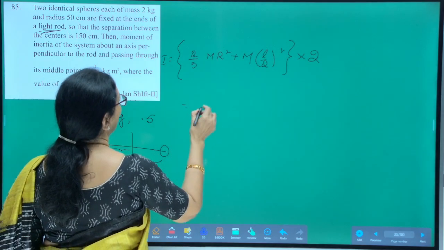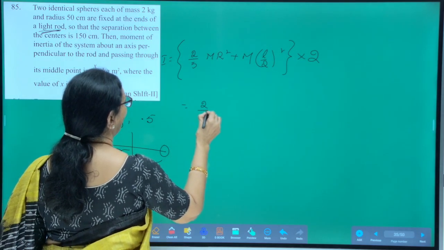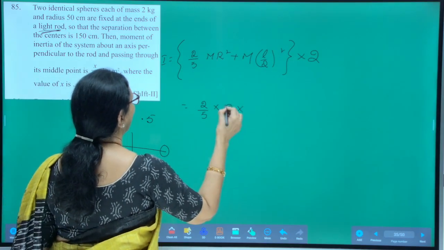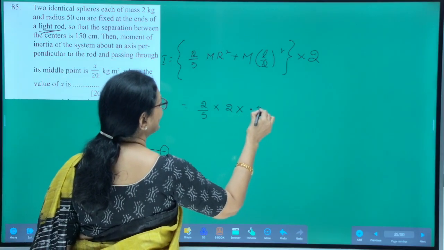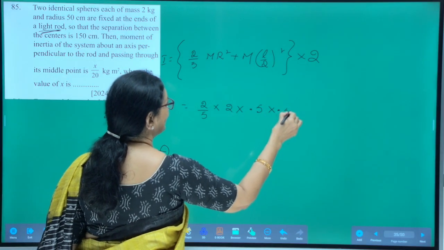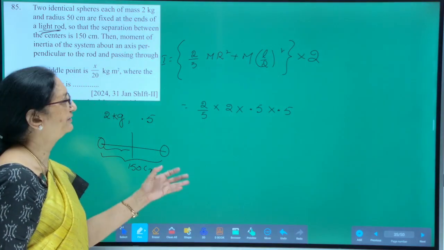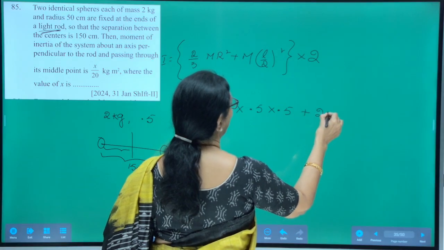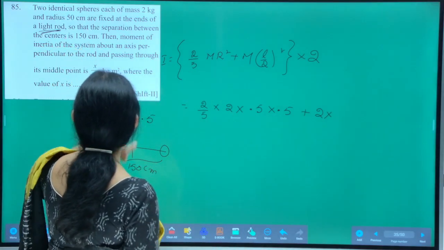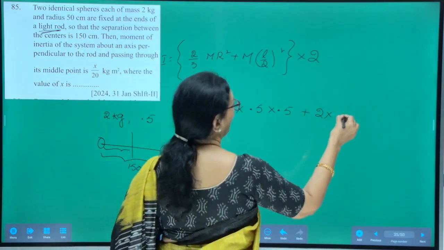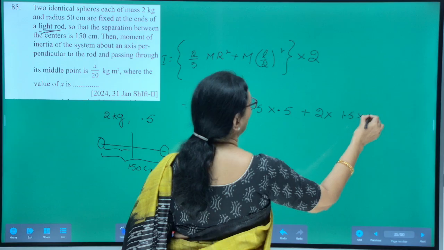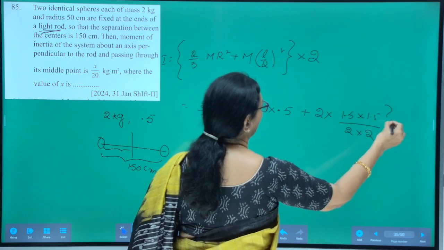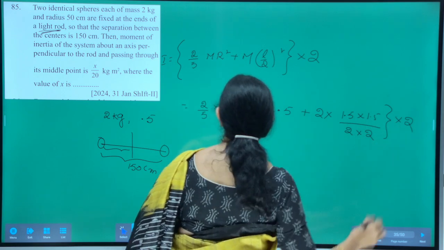So here this is 2 by 5, mass is given as 2 kg, radius is given as 50 centimeters. So let us convert that into meters, 0.5, so 0.5 into 0.5 plus mass 2 kg, length given as 150 centimeters, 1.5 into 1.5 by 2 into 2, whole thing multiplied by 2.